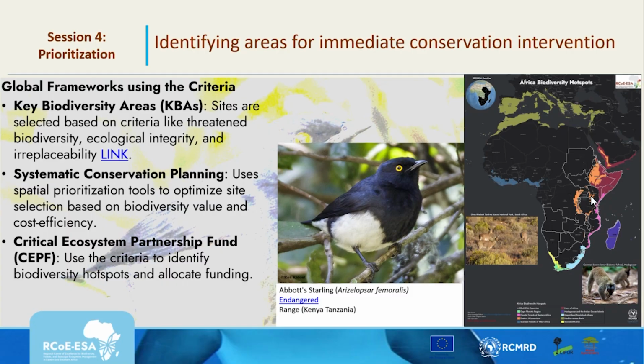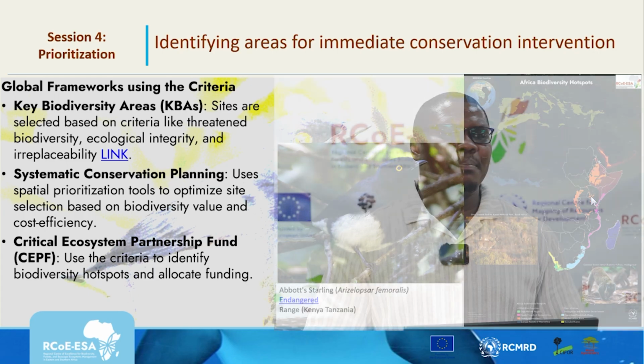So the use of these criteria is commonly found when we're talking about key biodiversity areas. The sites are selected based on criteria like threatened biodiversity, ecological integrity, and irreplaceability.